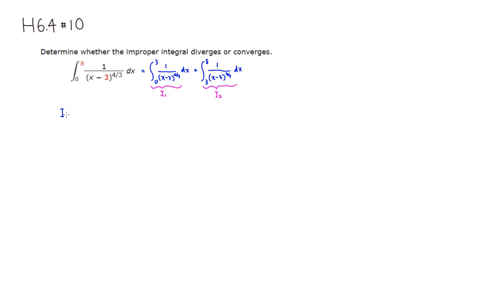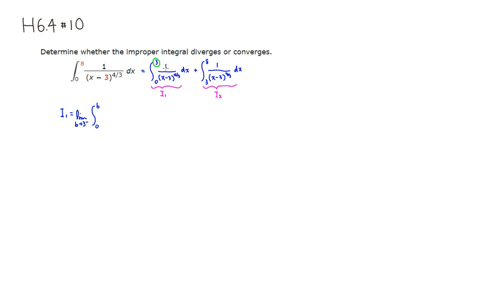So I1 is equal to, the problematic limit is the upper limit, 3, so I'm going to replace that by b. You have an integral from 0 to b, then we have a limit as b approaches 3 from the negative side.